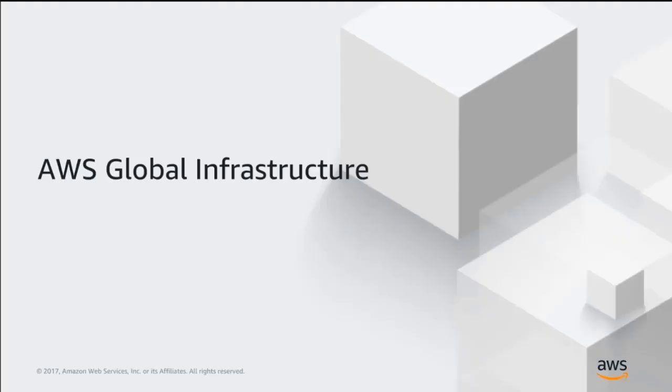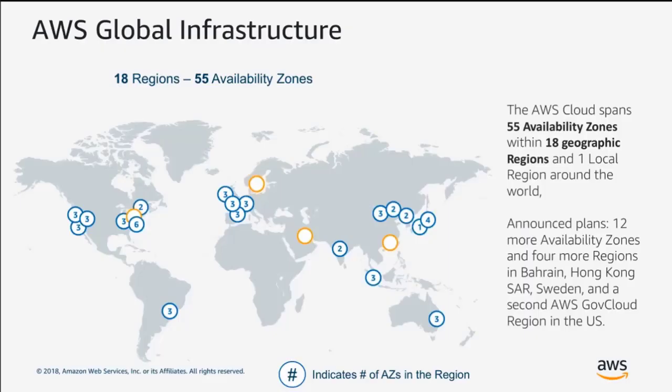So first, an introduction to the AWS Global Infrastructure. Right now, AWS has 18 public regions, which represent a total of 55 availability zones, and one local region around the world.